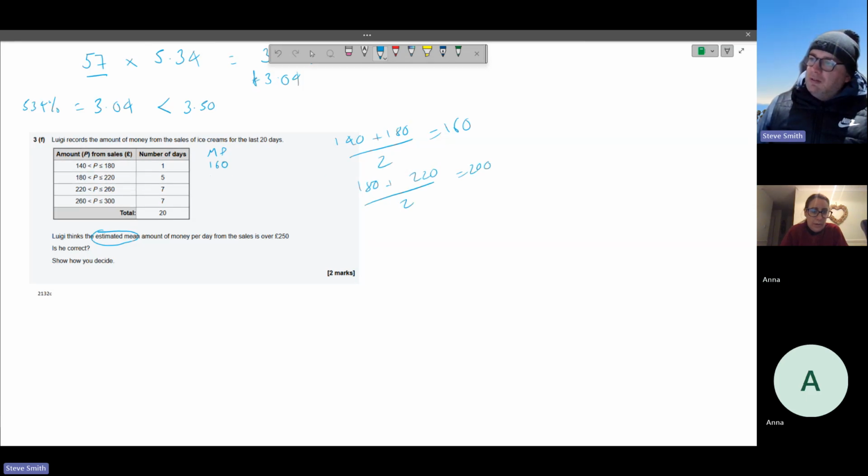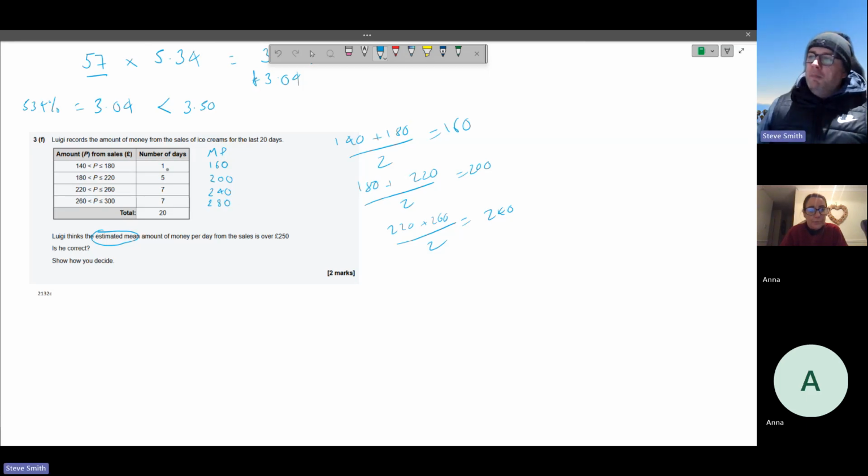So on 5 days, you made £200. And then 220 add 260, divided by 2 equals 240. 7 days, you made £240. And then on 7 days, the midpoint is 280.